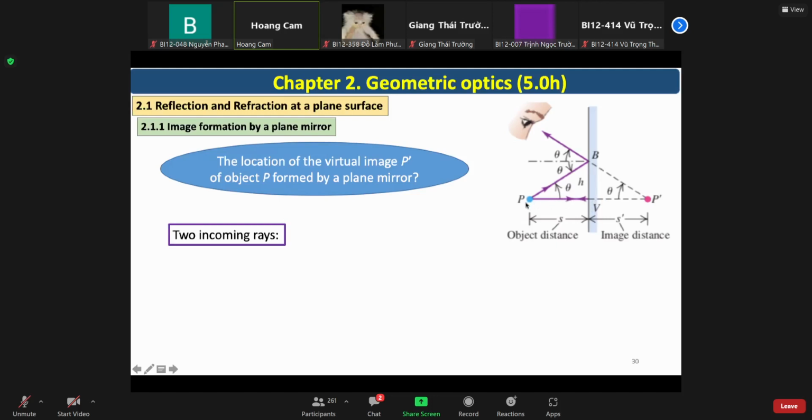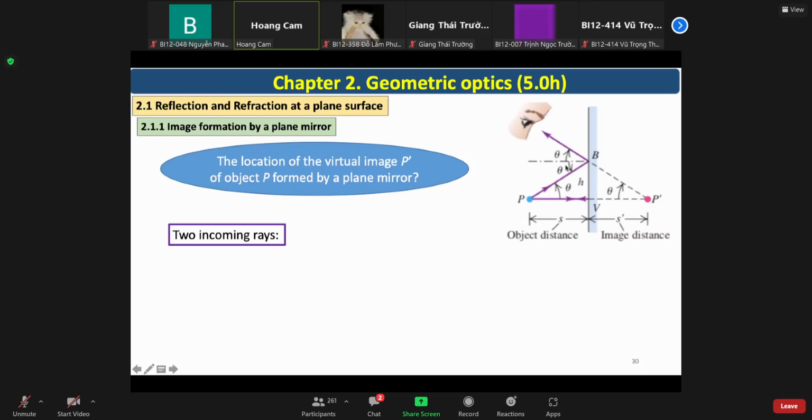So it turns back, right? And the angle of incidence and angle of reflection are also equal to 0. And we will also draw another ray here, an arbitrary incident ray with angle of incidence theta, for example. The incident point is B, and we draw the normal here, and here is this angle theta.